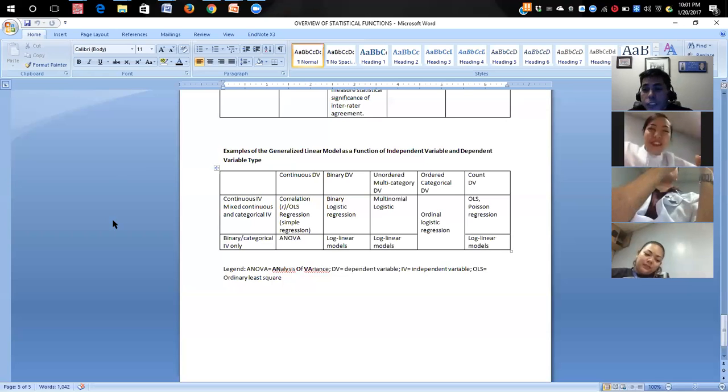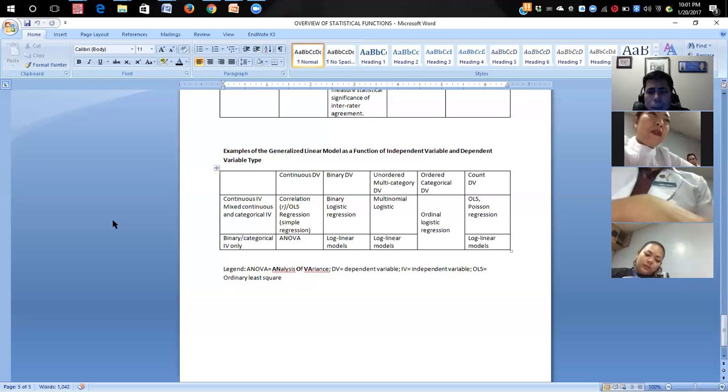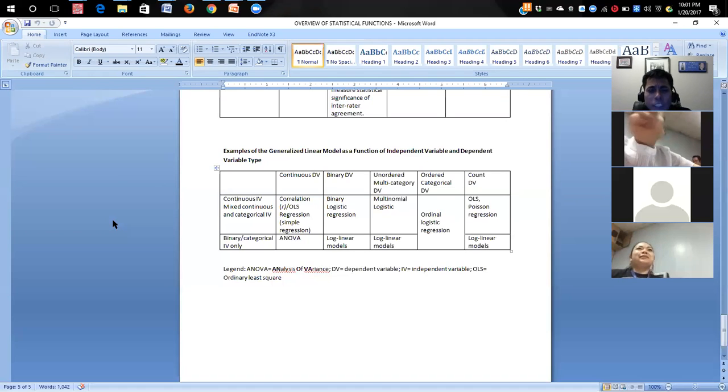We all struggle with this. I struggled with it when I was way back in 2006. I had a lot of study groups in the library, because it really requires a lot of mathematical algebra, algorithms, and it requires understanding linear equations, which is basically your y-axis and your x-axis, and the different relationships of x and y.